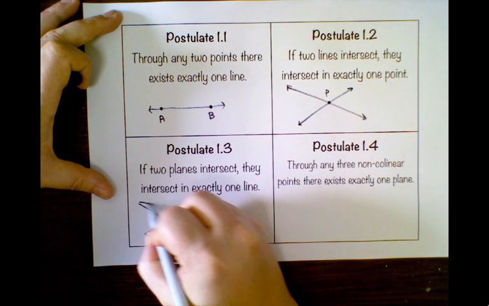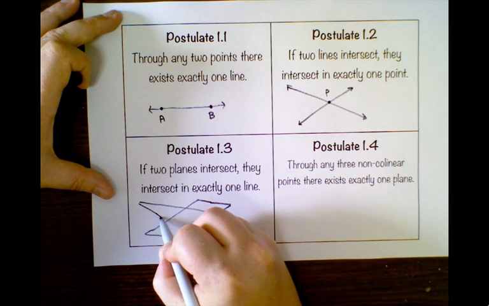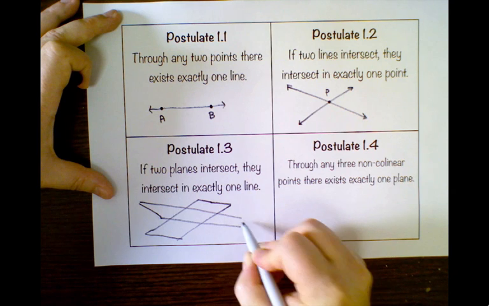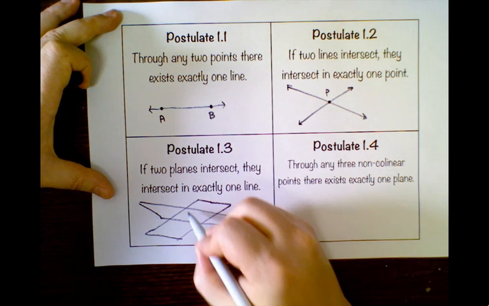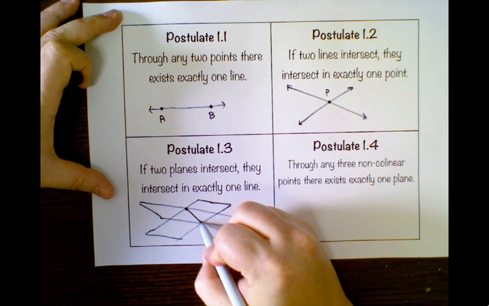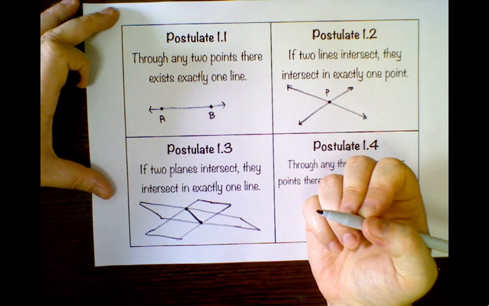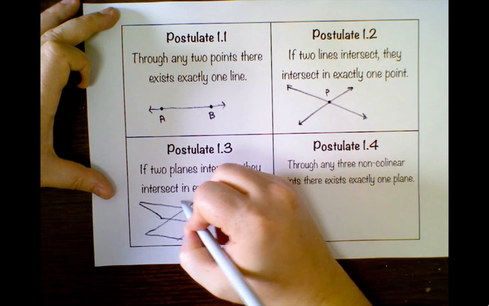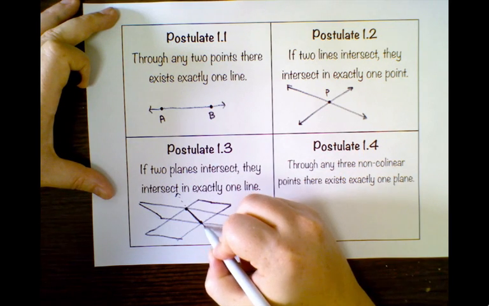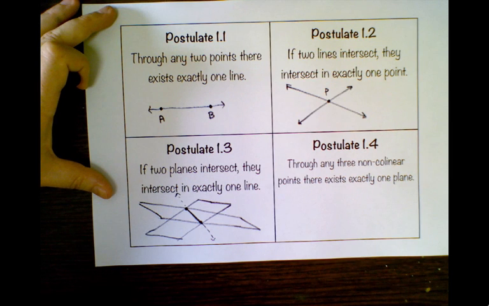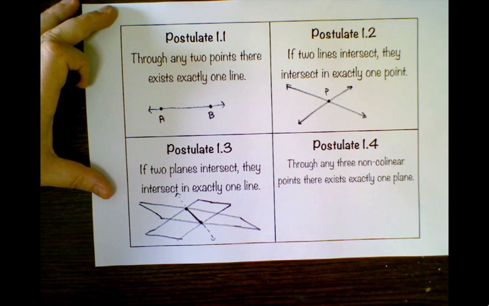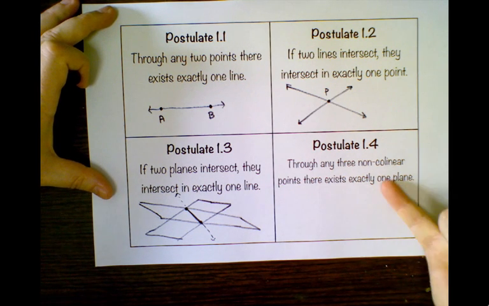Let's see. These guys are going to intersect right here. This is where they cross in exactly 1 line. And you could extend that line because the planes are also going on forever in either direction. I can't draw forever.